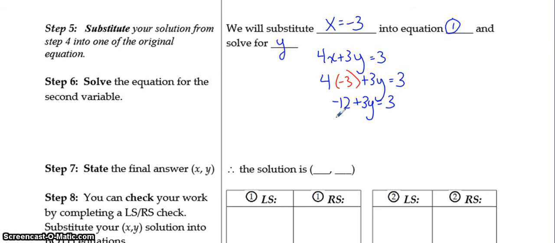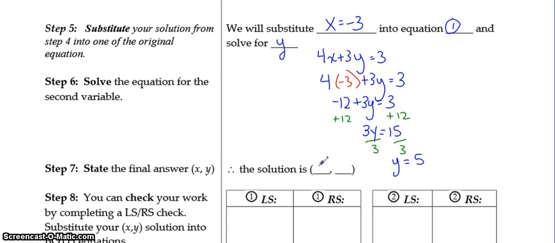And to solve this equation, add 12 to both sides. And that will give you 3y equals 15. And divide both sides by 3 to give you y equals 5.